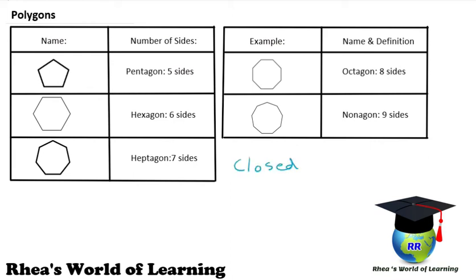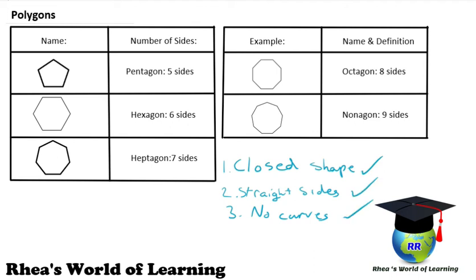Number 1, closed shape, number 2, straight sides, and number 3, no curves. So pentagon is a closed shape, straight sides, no curves. Hexagon, closed shape, straight sides, no curves.